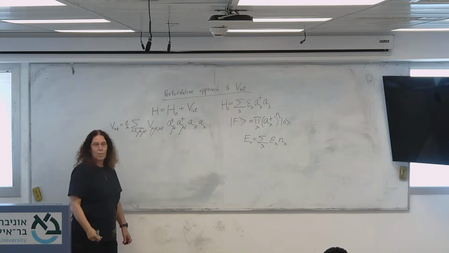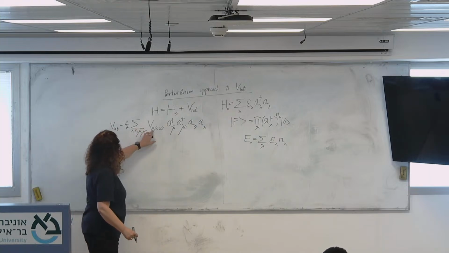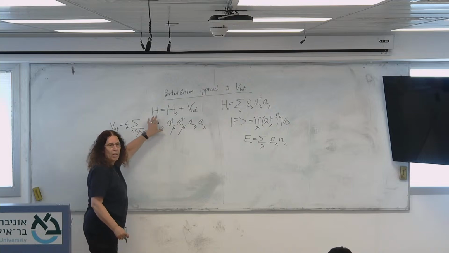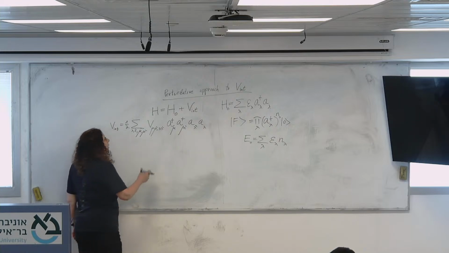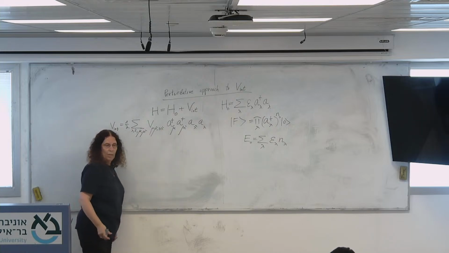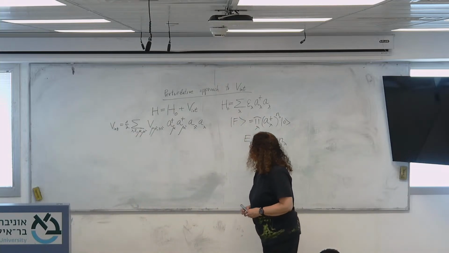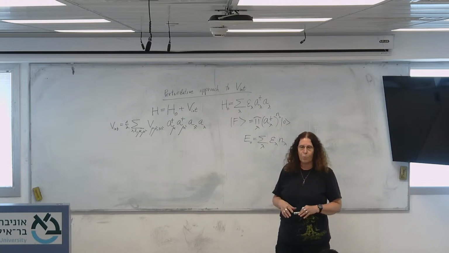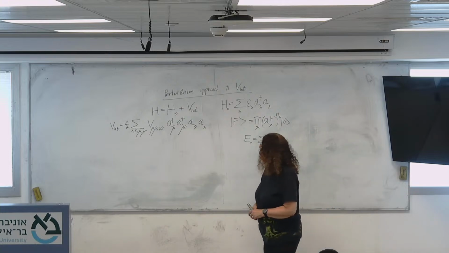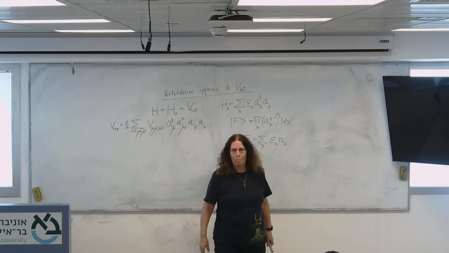Okay, so this is the most general form of the interaction, and V with the 4 indices is a number, usually a complex number that represents a matrix element of the interaction, and I'm not even writing its definition in terms of wave functions because we don't care, okay? For us, this is the model.